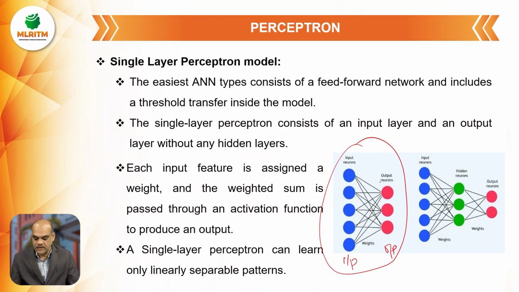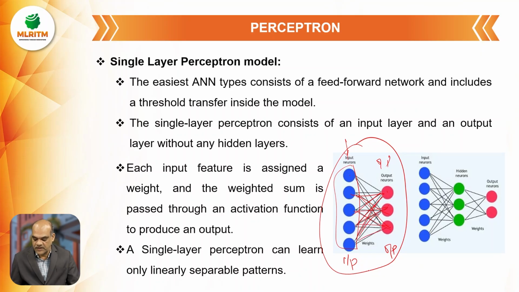So in the case of single layer perceptron, we have an input layer with multiple neurons and an output layer with multiple outputs. Each and every input is connected to all the outputs in our network. The first is connected with 1, 2, 3. Second is also connected with 1, 2, 3. Third is connected to 1, 2, 3. Fourth is connected to 1, 2, 3. Fifth is connected to 1, 2, 3.